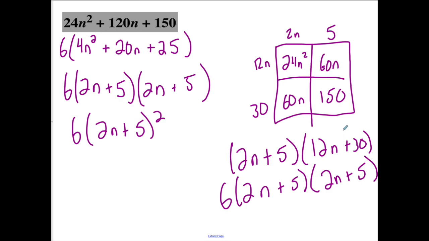So you would have to go back into the 12n plus 30, that is, and remove that 6. And then that would mean once you see this, you've got to go back to the 2n plus 5 squared. So you see you get the same answer either way, but the thing is, if you don't pull out the GCF first, you still are going to have to take it out eventually. But think about how much harder it is to factor this in the box than this in these parentheses.